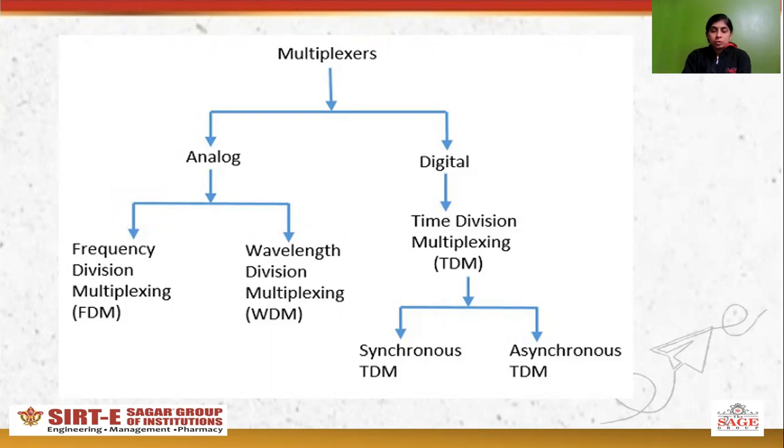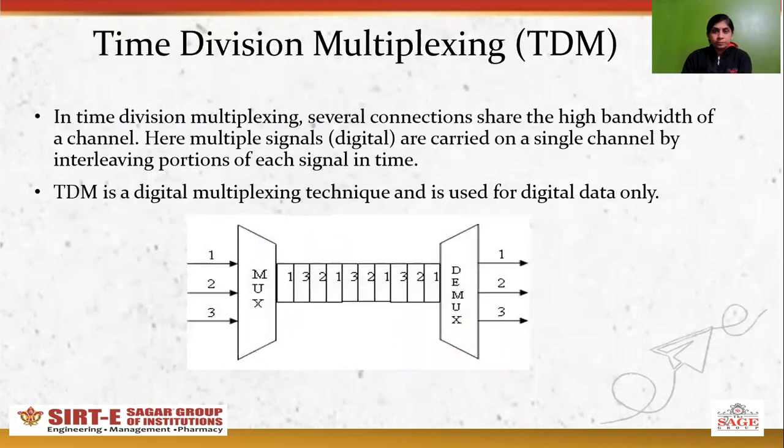First of all, we will understand the meaning of multiplexing. This is the diagram of multiplexing. In this lecture, we will discuss the digital multiplexing technique, meaning in this technique, only digital data will be sent from one point to another.